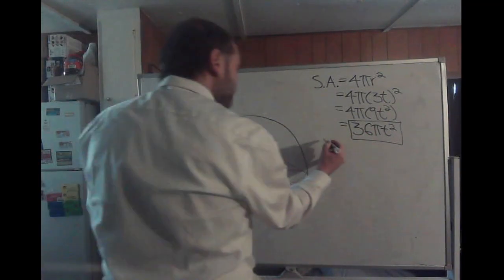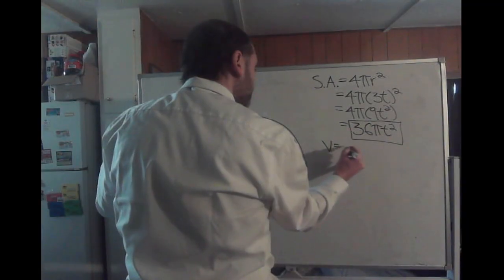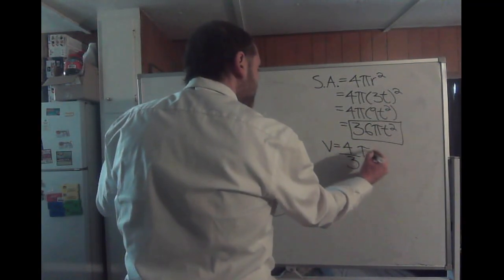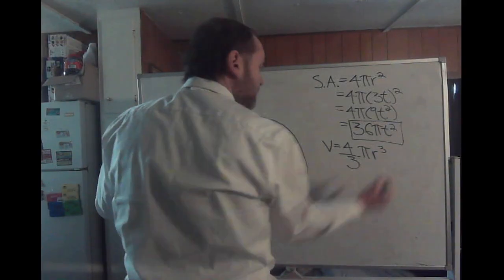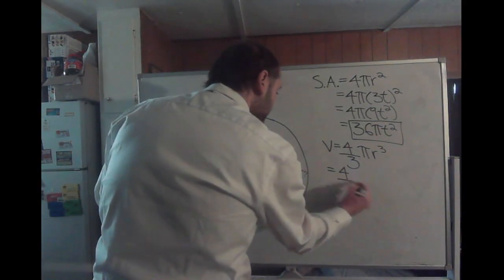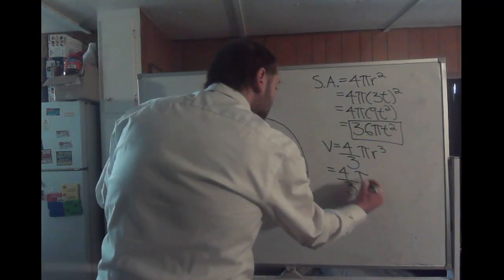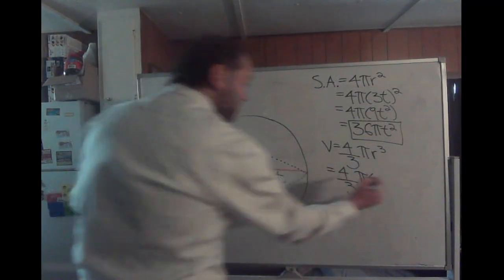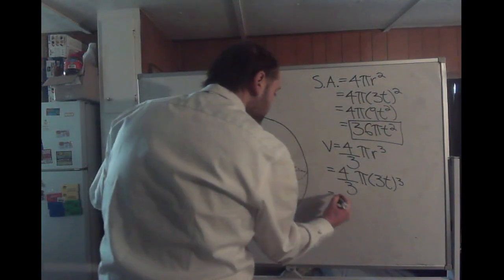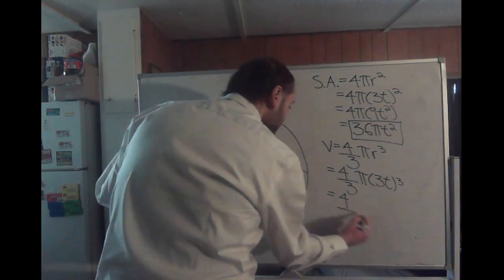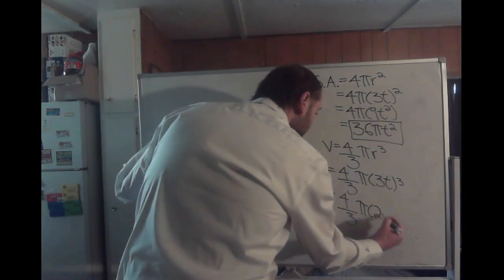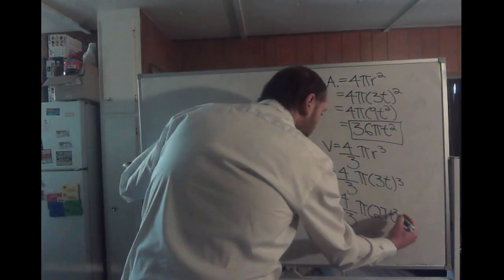Now let's find your volume. The volume is 4 over 3 times pi times the radius to the third power, which would equal 4 over 3 times pi times 3t raised to the third power, which would give you 4 over 3 times pi times 27t to the third power.